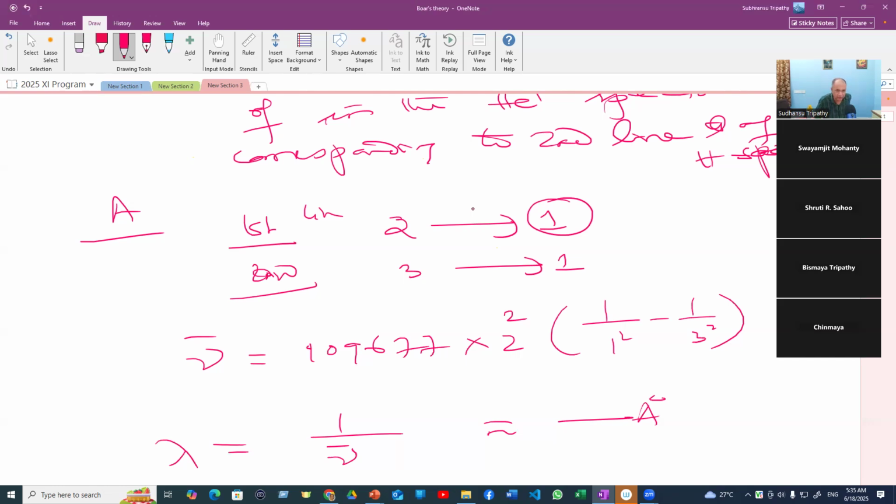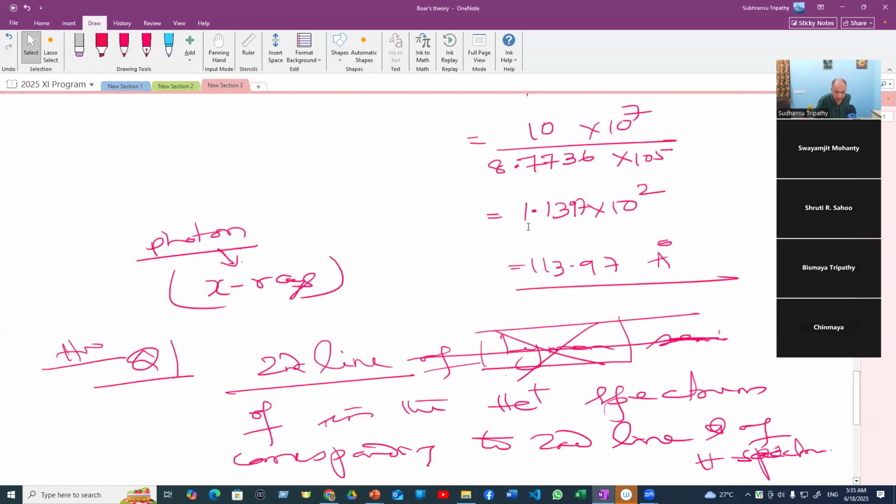It is 118 or something that we got, 130. 150 is the last. So I think it will be much less than hydrogen, 1025, but it will be more than 113.97. Maybe it will fall in the first part of the UV spectrum.